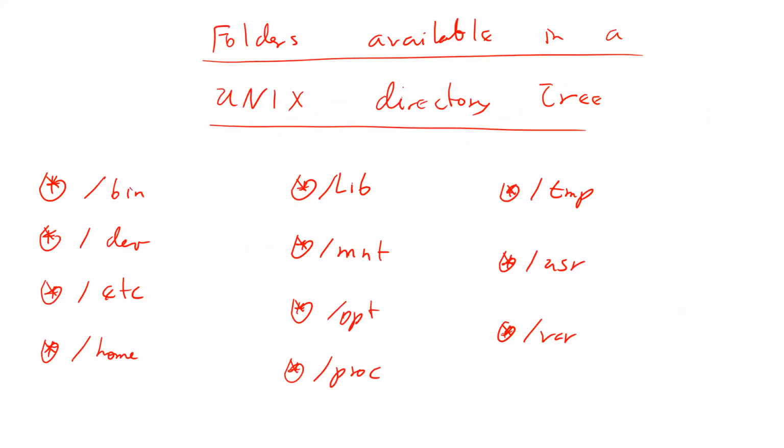So that's one of the main concepts, how to add things to the file system. The other concept is, what folders do we have available in a Unix directory tree?